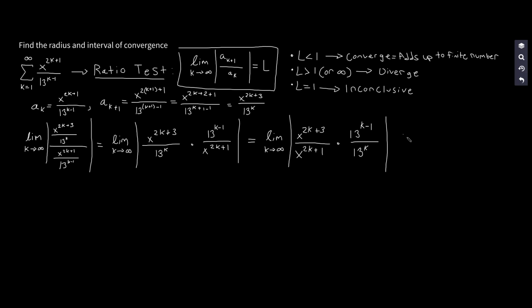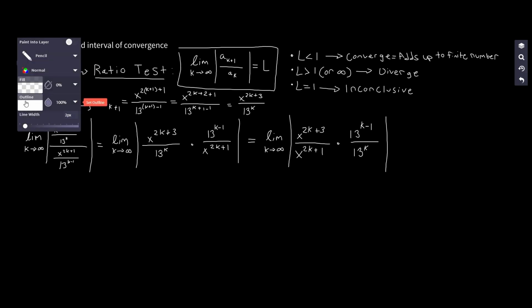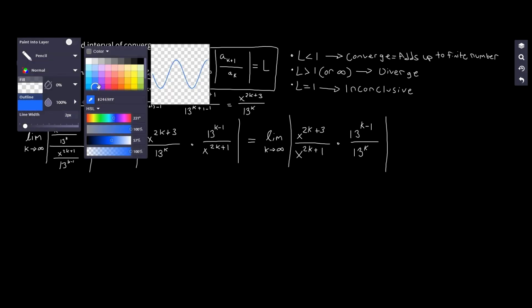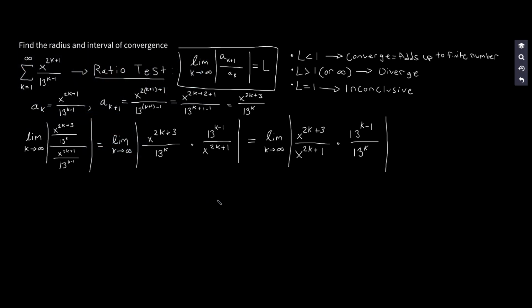So now we can apply one of our laws of exponents here. And I could write this out. Now phi and lambda in this case are just placeholder variables.